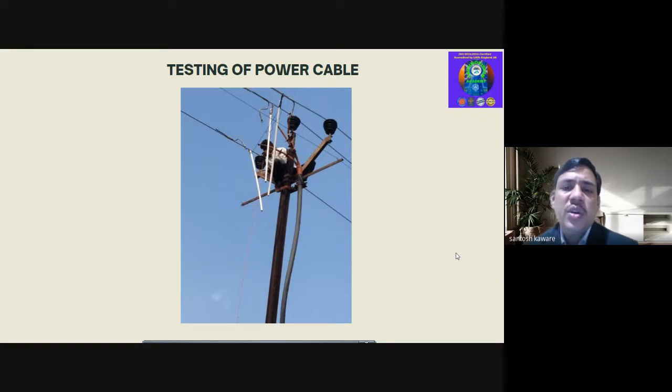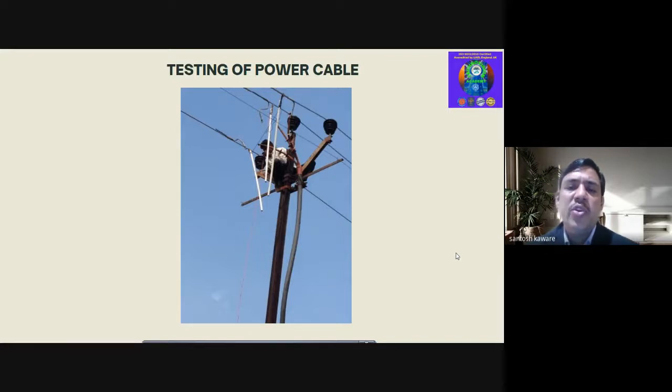But the advantage with the cable is there are fewer faults, because if it is overhead, surroundings will definitely impact the fault level. But if it is underground, there are fewer chances of fault. So generally up to 30 to 40 kilometers, we prefer the power cable.